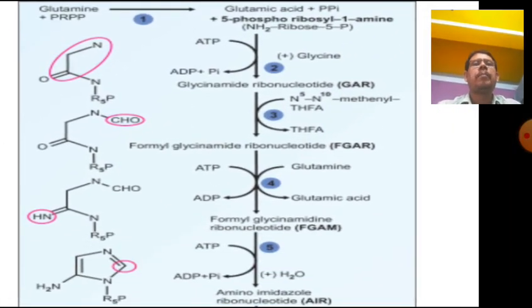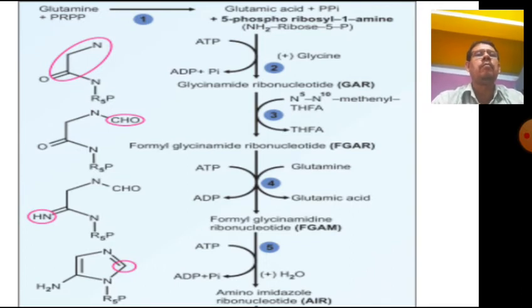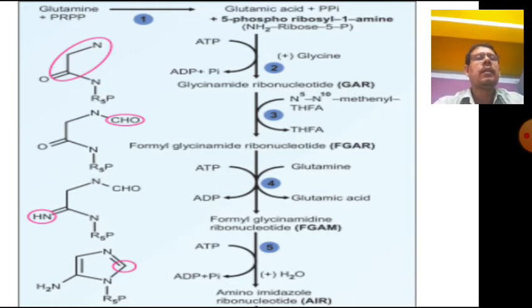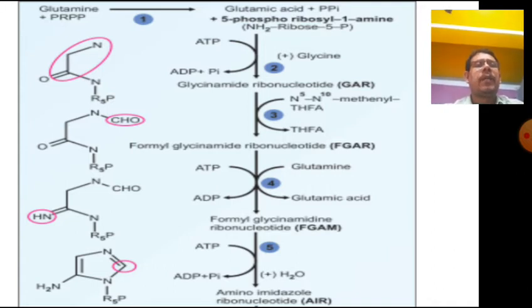First glutamine plus PRPP gives glutamic acid and PRPP plus 5-phosphoribosyl 1-amine. In the presence of glycine, they produce glycinamide ribonucleotide, and then tetrahydrofolate gives formyl glycinamide ribosyl nucleotide, and glutamine to glutamic acid forms formylglycinamidine ribonucleotide.